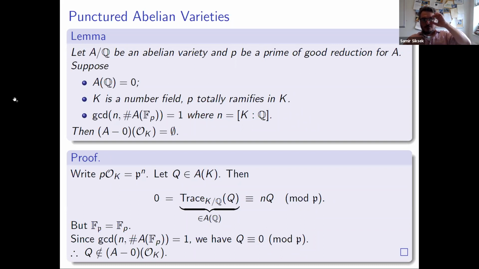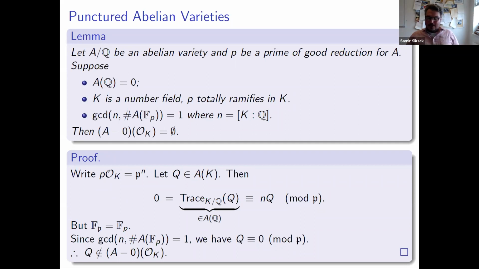It becomes complicated. So I had my COVID vaccine about 6 weeks ago, and I had a bad fever with it for a few days, and I started hallucinating. One of the things I was hallucinating about was the punctured abelian varieties problem. The unit equation is P1 punctured at 3 points.